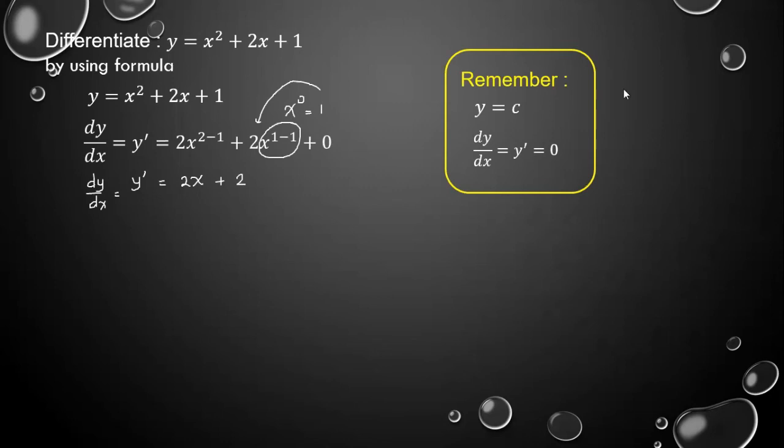And one more thing to remember: when y equals a constant times x, dy over dx equals a constant.